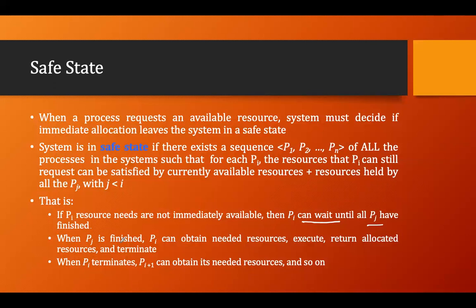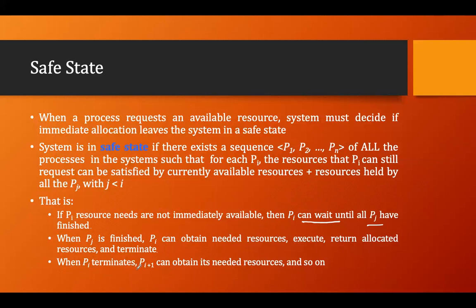Second, when Pj is finished, means the older one is finished, then the newer one can obtain the needed resources, execute, return the allocated resources, and terminate. This is a state of the process; we have seen that different states are there for a process.